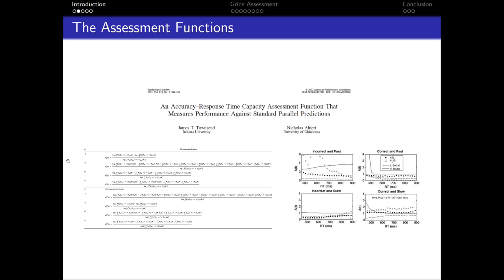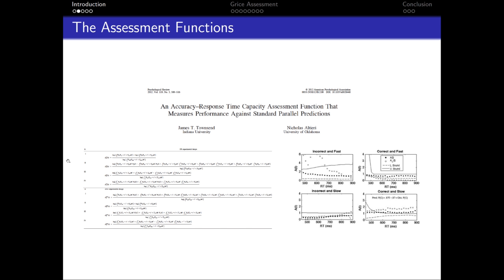Amongst the formulas, there are different types of assessment functions, those focused on correct responses and incorrect responses, and those developed based on the survivor functions, which are labeled as slow in the paper, and those labeled as fast in the paper, which are dependent on cumulative distribution functions.